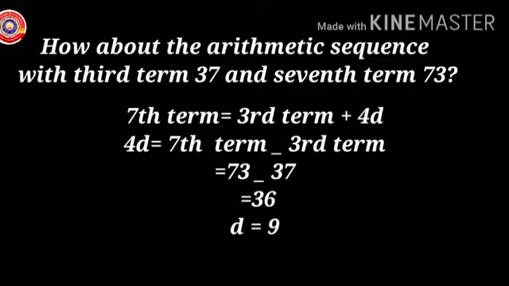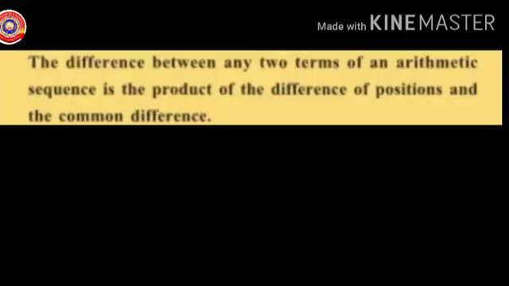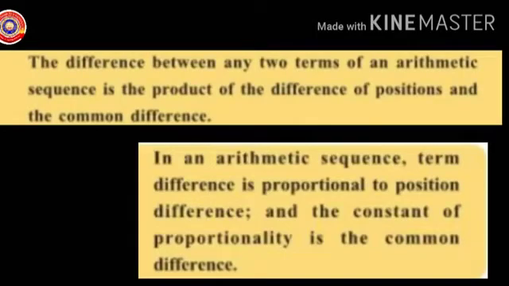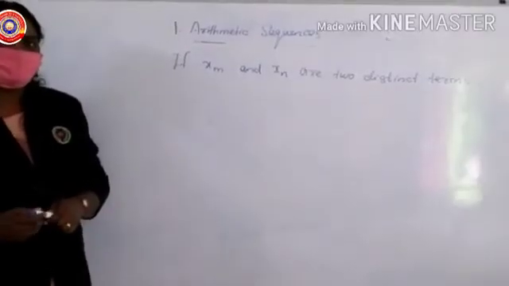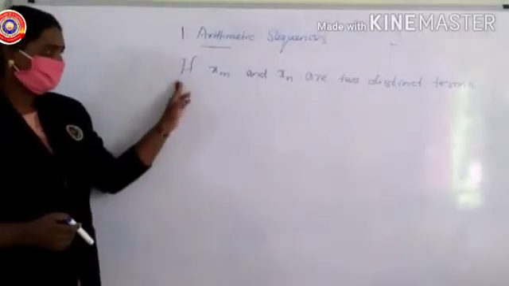In general, if we know any two terms of an arithmetic sequence and their positions, we can compute the entire sequence. What is the general principle used here? The difference between any two terms of an arithmetic sequence is the product of the difference of position and the common difference. We can put it into the form of a formula.